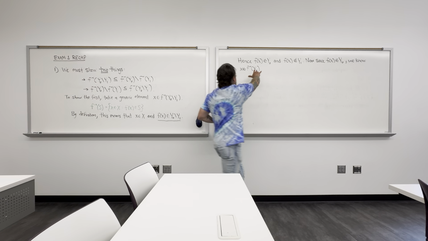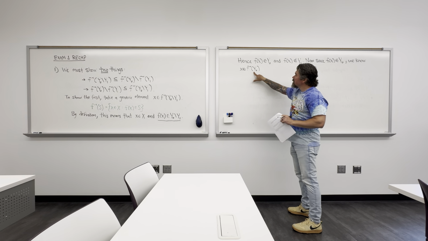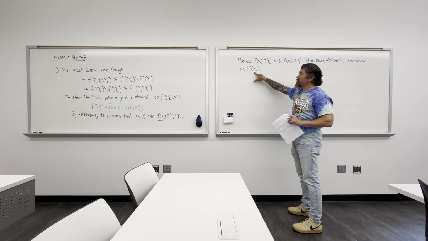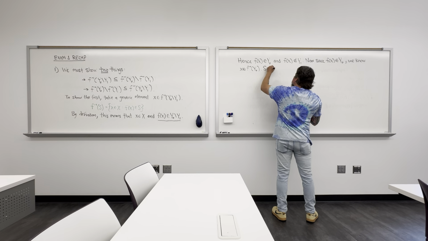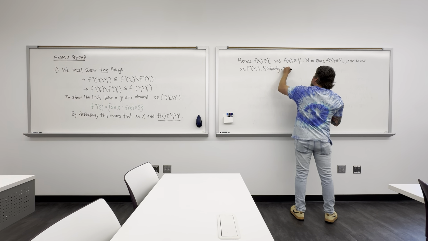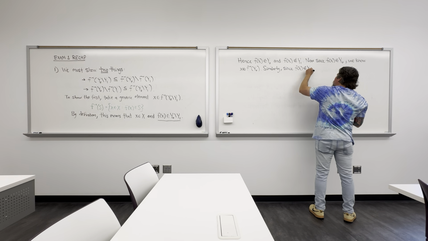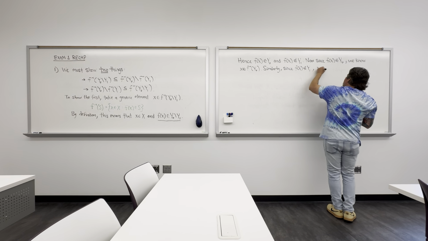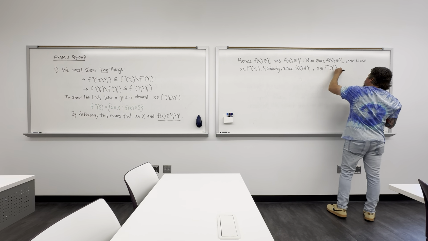So we're saying we're in here, so moving it back, x must be in this inverse image set. Similarly, since f of x is not in Y1, x is not in the pre-image of Y1.